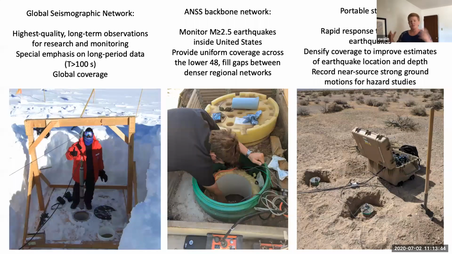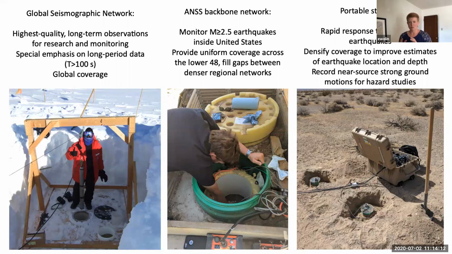All right, so here's a quick snapshot of 3 very different kinds of stations with different kinds of instrumentation. On the left, many people might be familiar with working with data from the Global Seismographic Network, or GSN. This is a global network of extremely high quality, long-term observations, used for both research and monitoring.